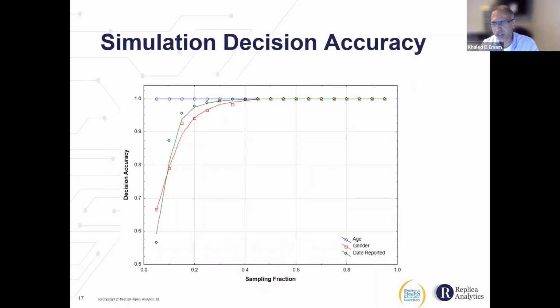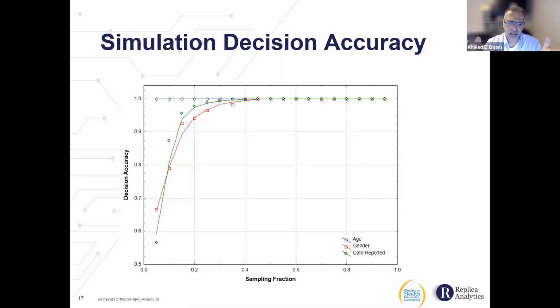The last graph I'll show you on this is the decision accuracy for the three variables in our model, and the decision is whether the odds ratios are statistically significant. So as we can see, around 25% or so, we're starting to hit the 95% accuracy.